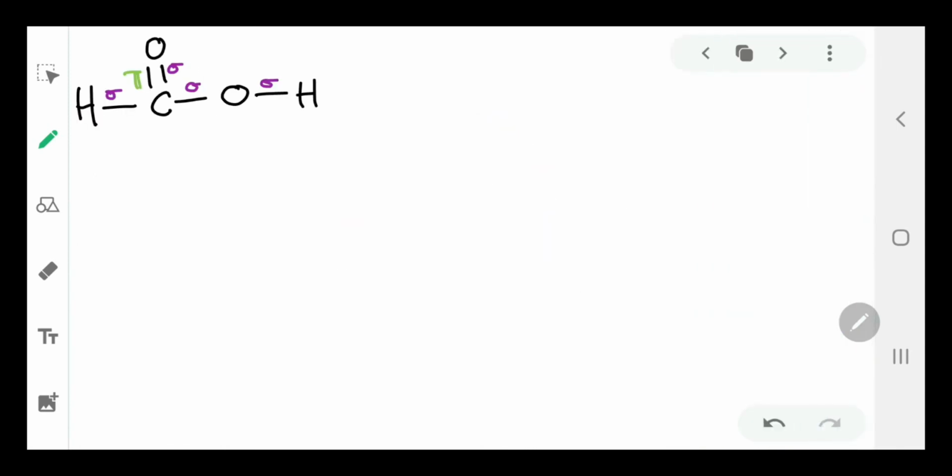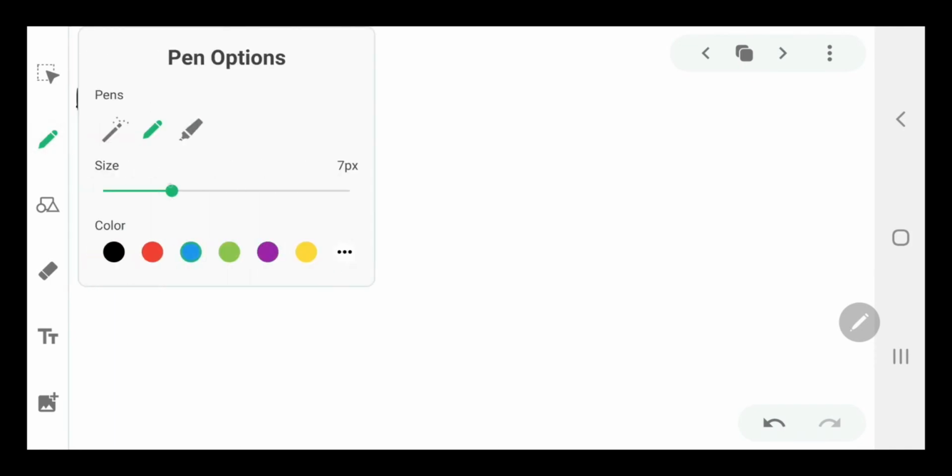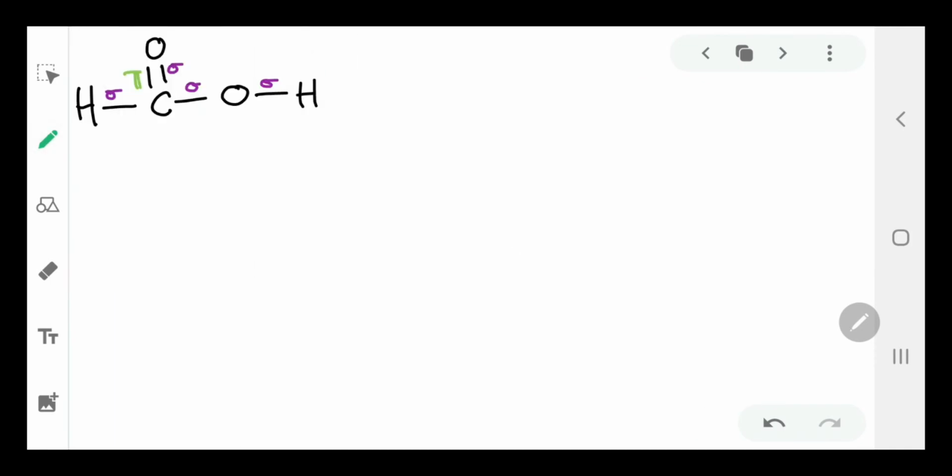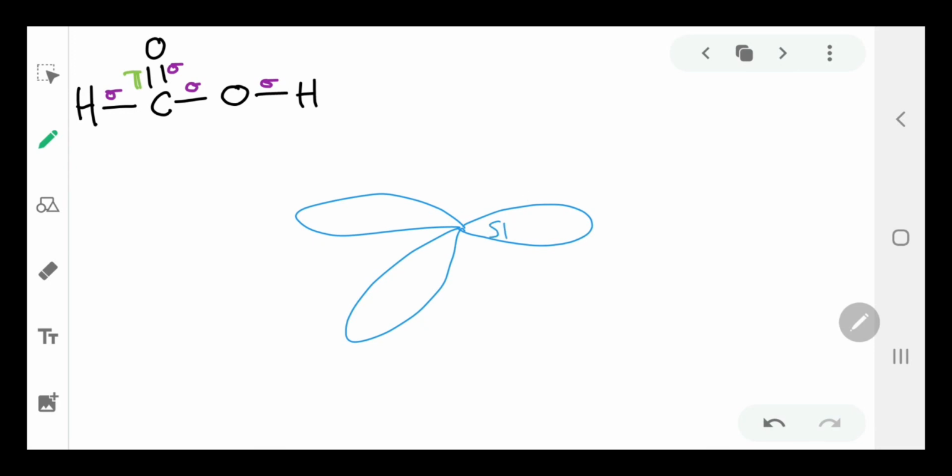So your carbon is going to be looking something like this: sp2, sp2, sp2.